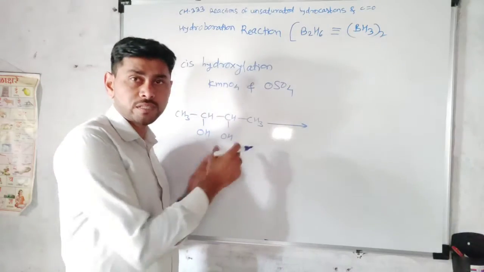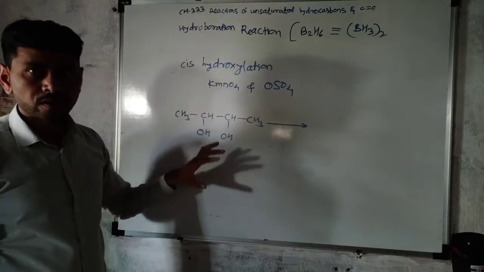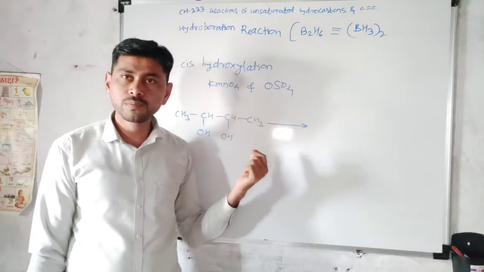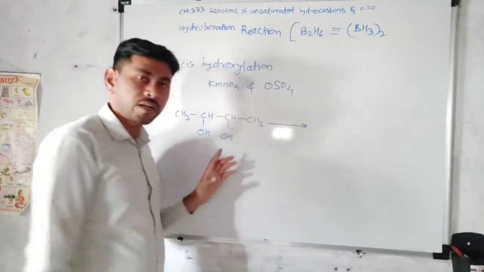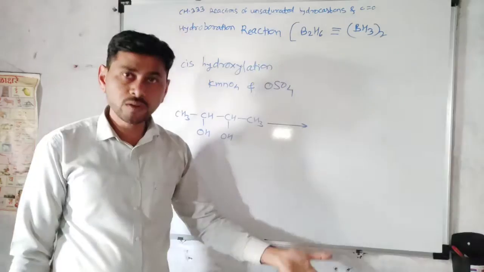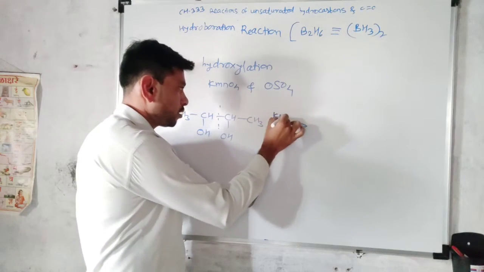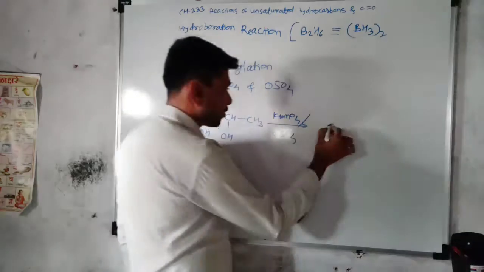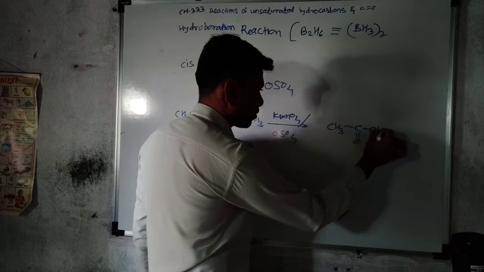The diol product is susceptible to further oxidation, and due to further oxidation it is converted into aldehydes or ketones, and again further oxidized to acids. So further oxidation by KMnO4 or osmium tetroxide takes place, and we get the acid product.